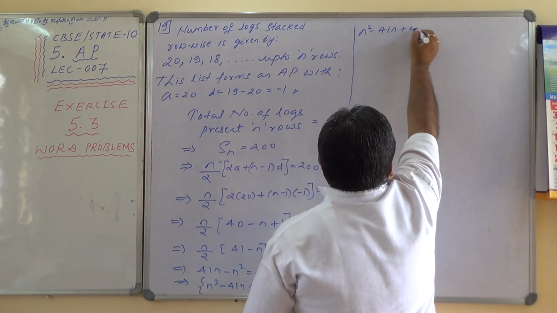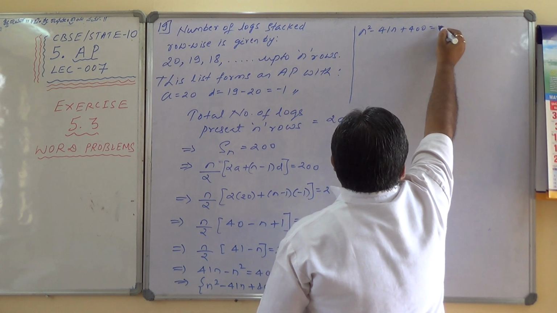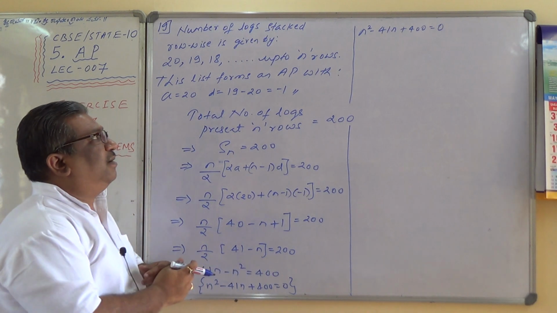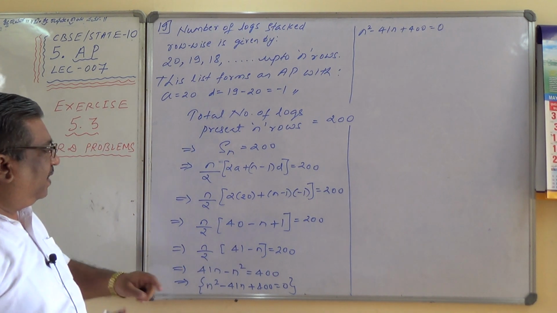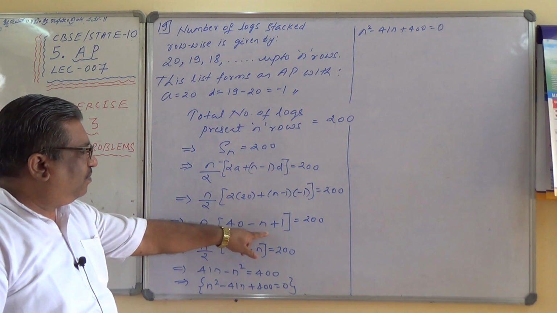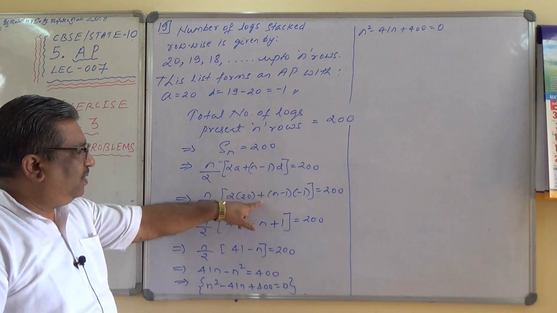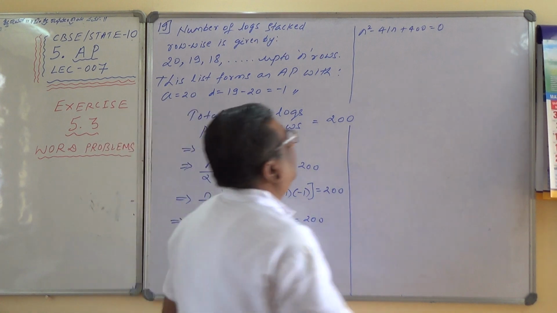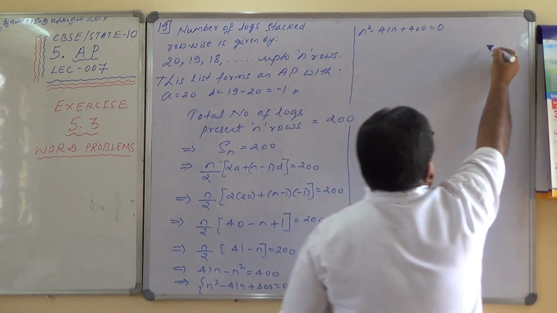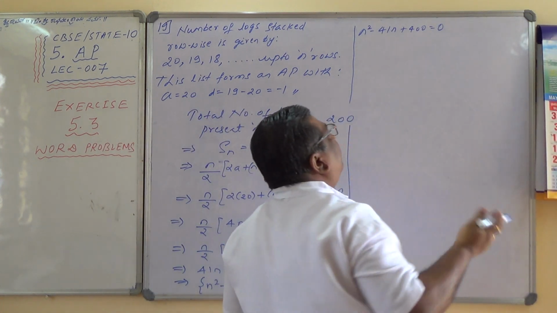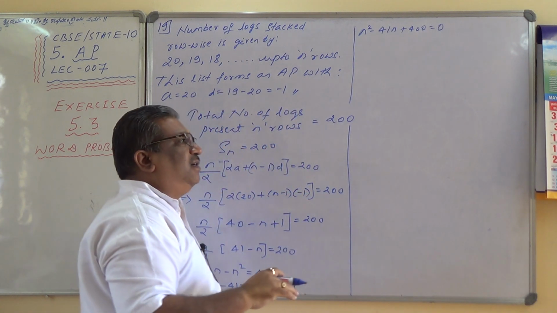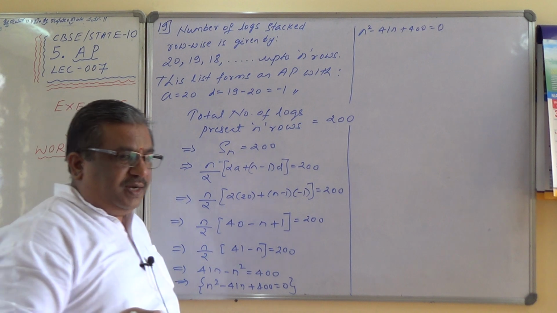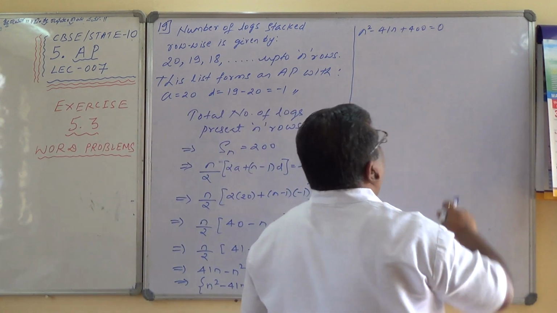Let us try to use splitting the middle term for n square minus 41n plus 400 equals 0. Let's see how to split this one. We can use either splitting the middle term, or we can also use the quadratic formula. Okay, let us try splitting the middle term.